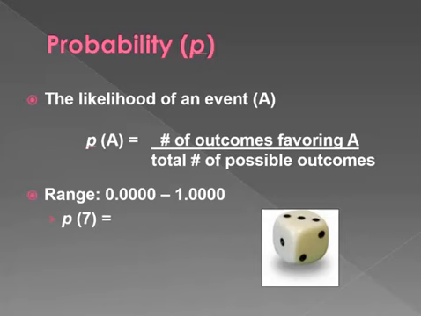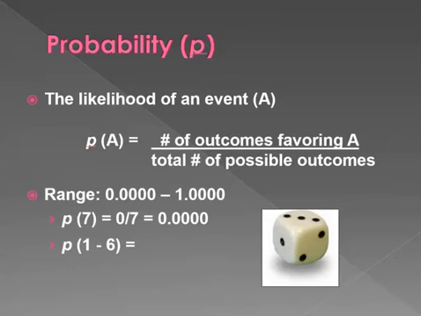And the total number of possible outcomes is 6, right? You can roll a 1, 2, 3, 4, 5, or 6, right? So there's 6 possible outcomes. So 0 divided by 6 is going to give us a probability of 0.0000, or just 0. But remember, we'd report it out to 4 places.